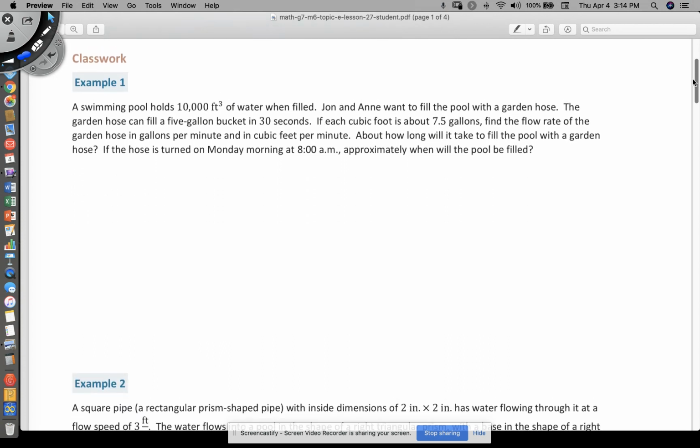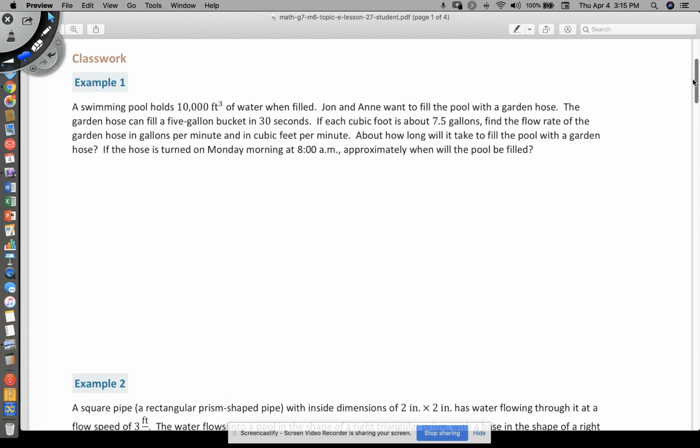So we have our first problem here. A swimming pool holds 10,000 feet cubed of water when it's filled. John and Ann want to fill the pool with a garden hose. The garden hose can fill a 5-gallon bucket in 30 seconds.